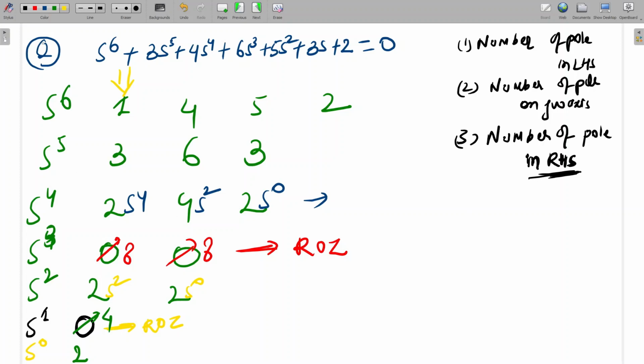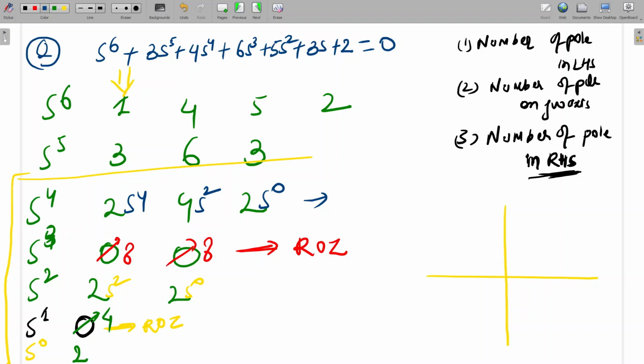Okay. And if we see the auxiliary equation, this is our auxiliary equation, a starting auxiliary equation. So if you see the auxiliary equation, if no poles in the right hand side, see here only we have to observe. If no poles in the right hand side and our auxiliary equation order is 4. So these 4 symmetrical poles should come on the j omega axis only. Because in right hand side no pole is there.